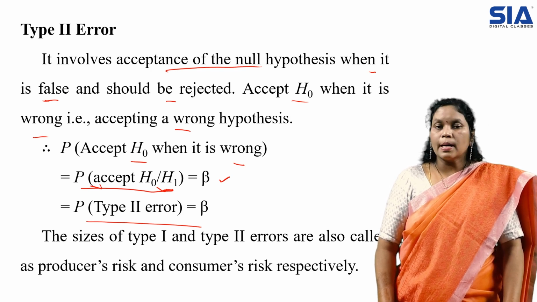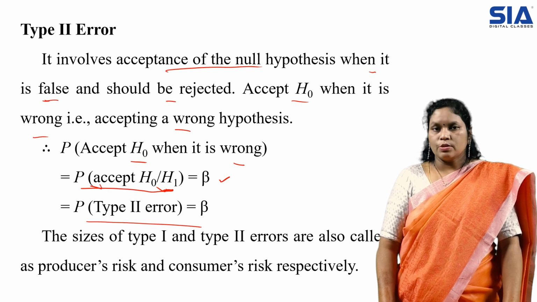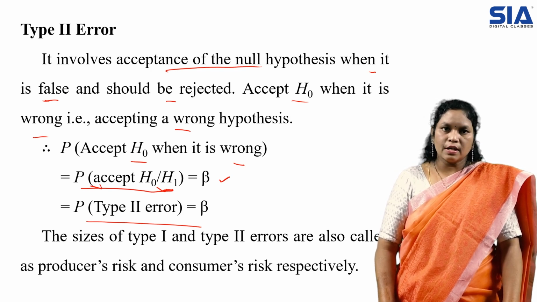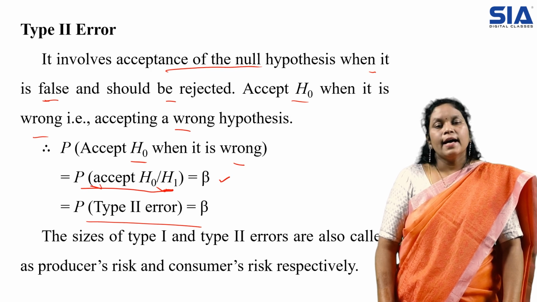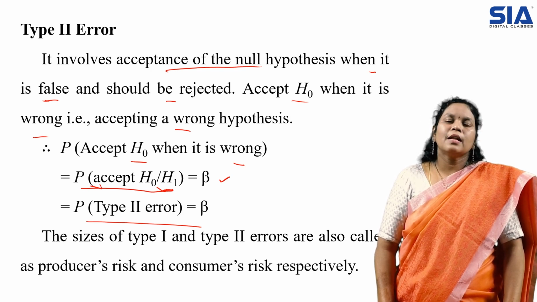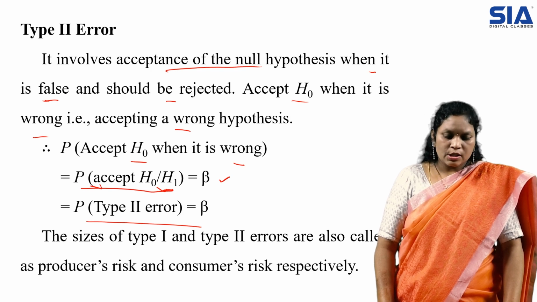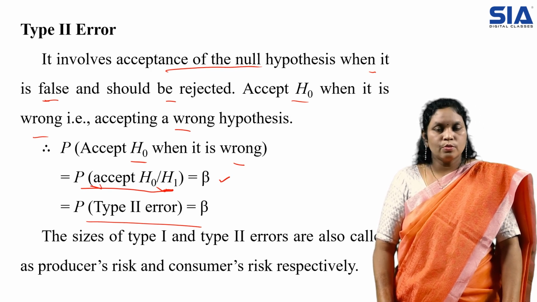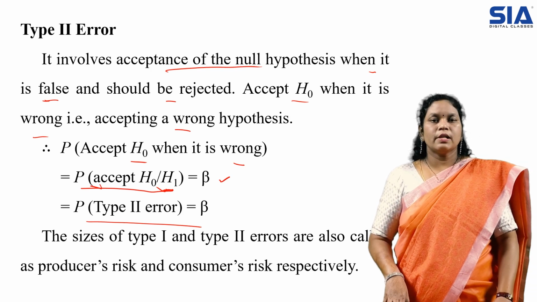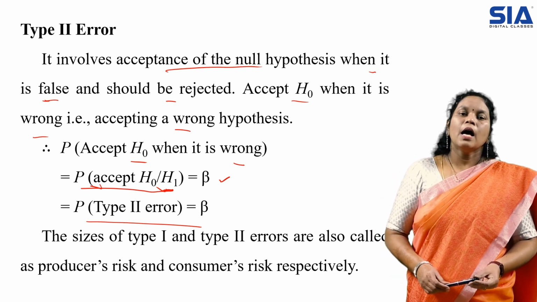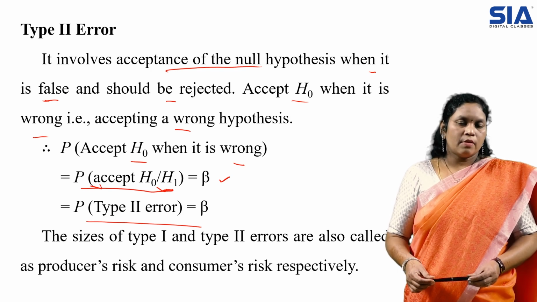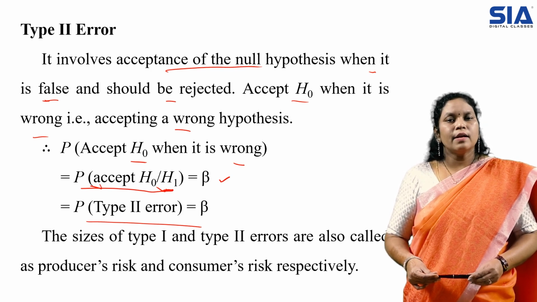So this is what type 1 and type 2 errors are about. Type 1 is rejecting the null hypothesis when it is true. Type 2 is accepting the null hypothesis when it is false. So we have two types of errors. You can give some examples also, if they ask in the exam for applications or examples of type 1 and type 2. You can derive one example under null and alternative.